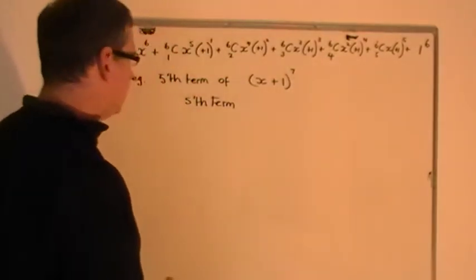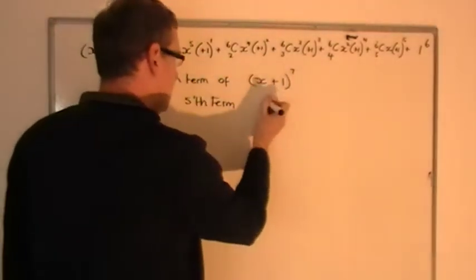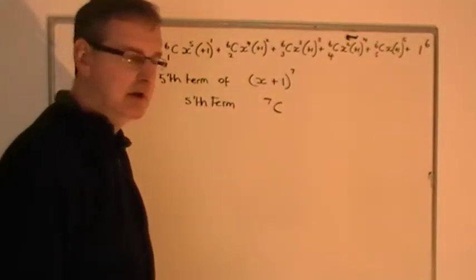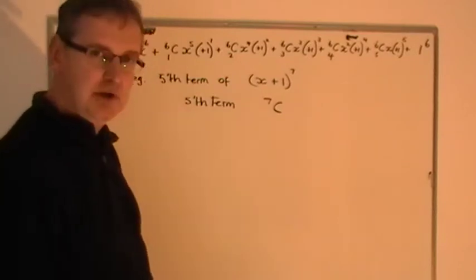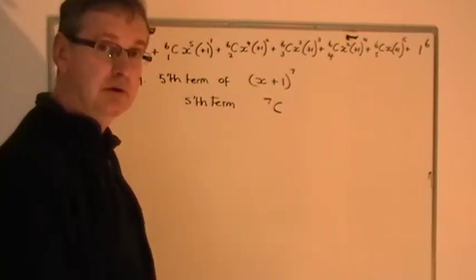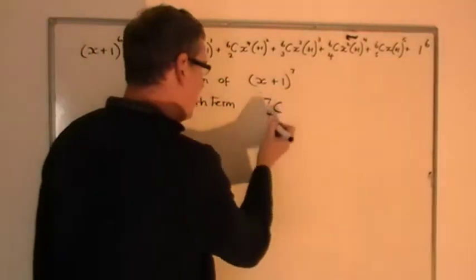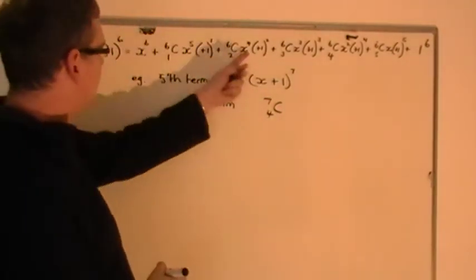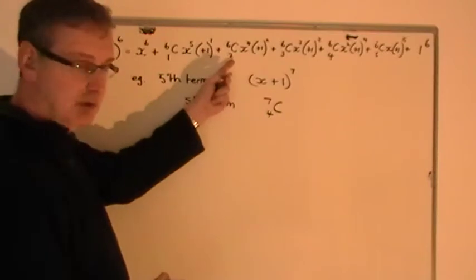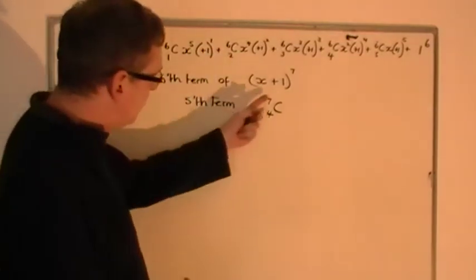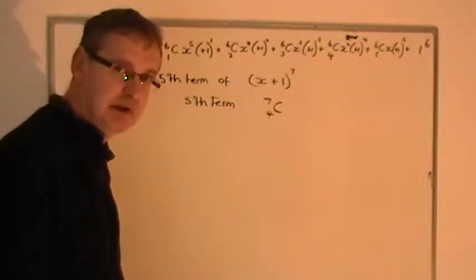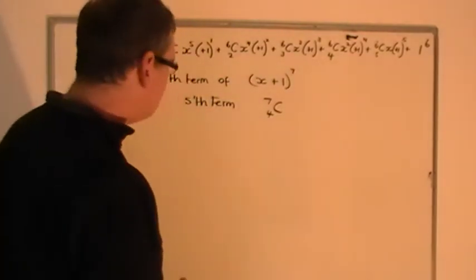All you've got to do is realise that if it's power 7, we're going to have a 7 choose something coefficient. If it's the 5th term, then you're going to have 7 choose 4. The choose value is always 1 less than the term we're talking about. So here, for the 3rd term, it was 6 choose 2. And in this particular one, it's the 5th term, so 7 choose 4. 7 because it's power 7 in this particular expansion.